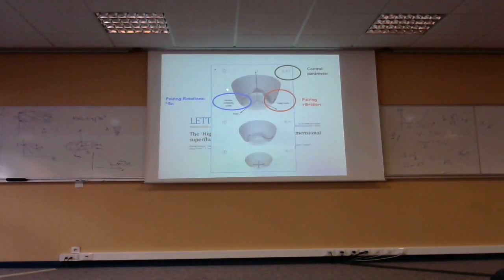That's the so-called Goldstone boson. That's the rotation in tin, the pairing rotation. This is exactly that picture. The system becomes deformed, and it actually generates a rotational band. But this is the Higgs mode.